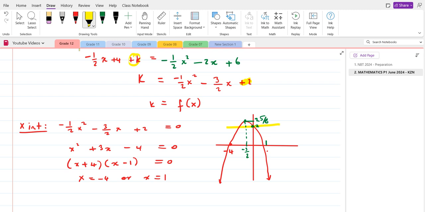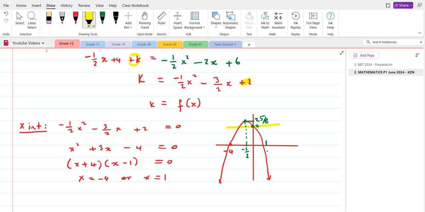So if I horizontally cut below 2, in between the turning point and the y-intercept, we don't even need the turning point, we don't even need the x-intercepts, right? But how do we know whether the way is turning? It couldn't have turned below 2 because that's the y-intercept. It has to turn above 2, right?